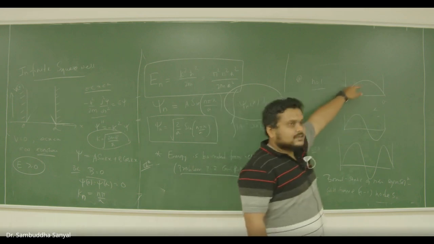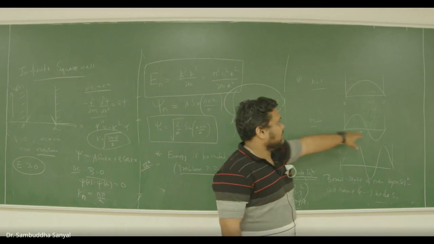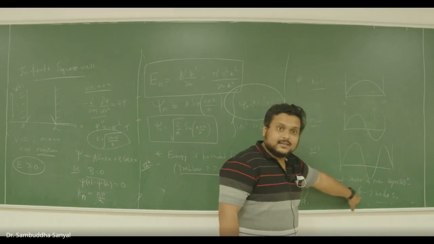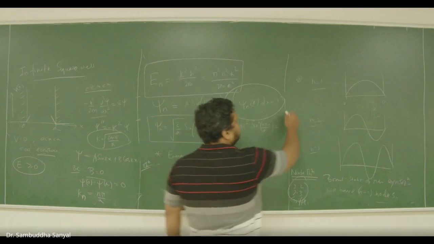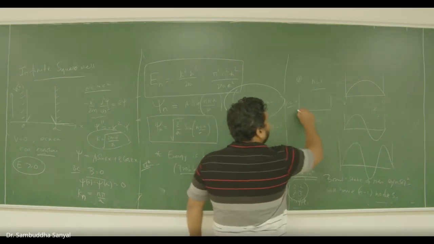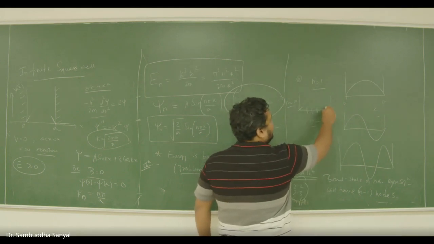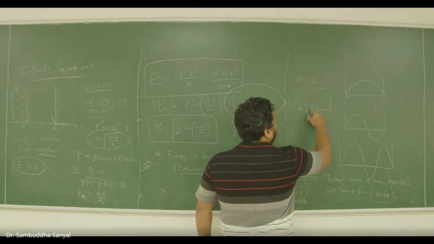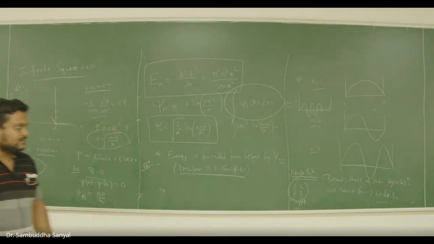So the first one never crosses the zero except at the boundaries. The second one has one node, because n minus 1 nodes, right? The third one has 2 nodes. So similarly, if I ask you for the n equal to 10 solution, you know how it is going to be. It must be 0 here, and it must cross 9 times. So you can sketch an approximate solution, right? So this is the way to do it.